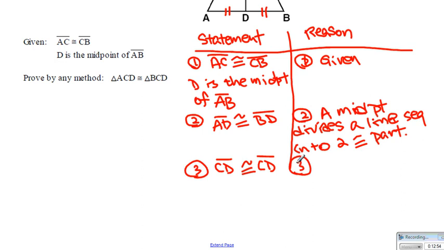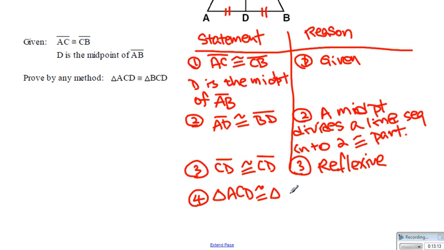And then CD being equal to CD would also be reflexive. Now, step number 4. And we can say those two triangles are congruent. And the reasoning for those two triangles being congruent will be SSS.